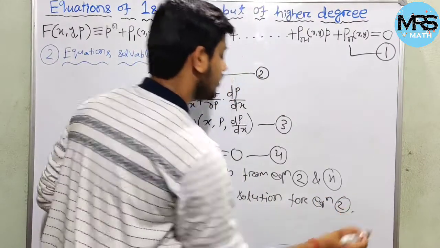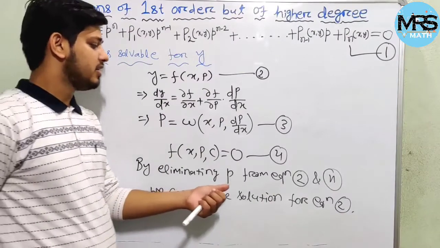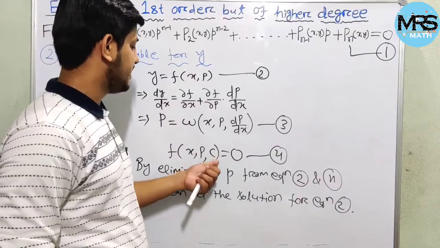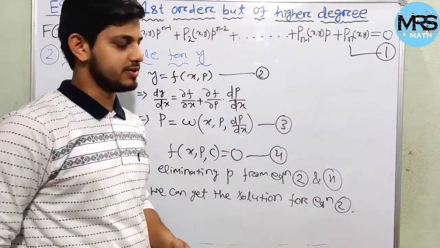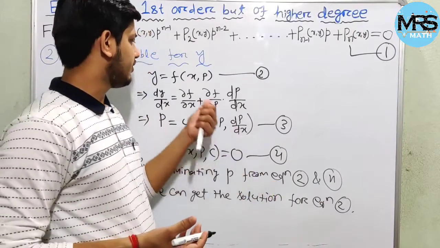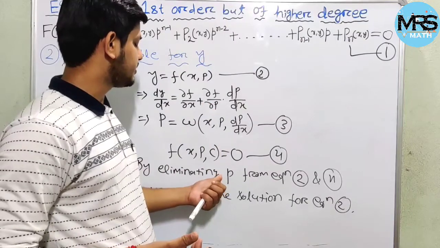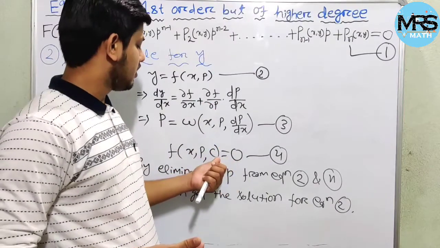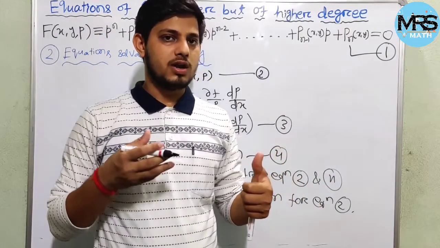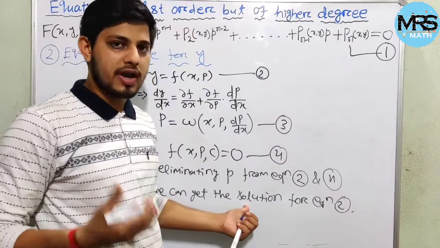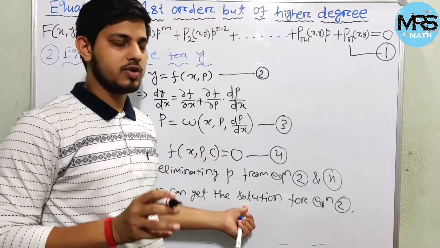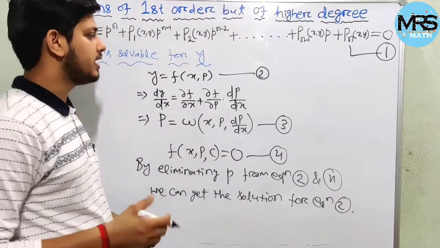Sometimes it is very difficult to eliminate p from these two equations. At those times we can write the solution in terms of x and y, which contains p and c. That will be our solution. If you are not able to understand now, I will give that type of example also to make it clear. Okay students, let us come to an example.